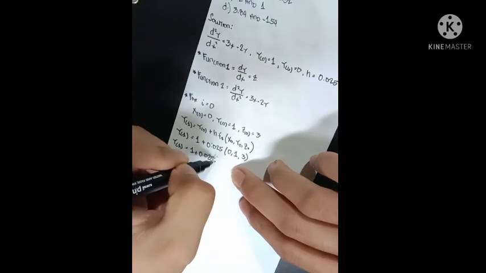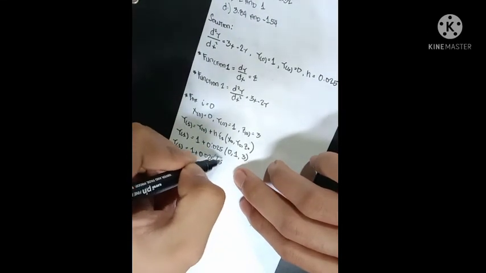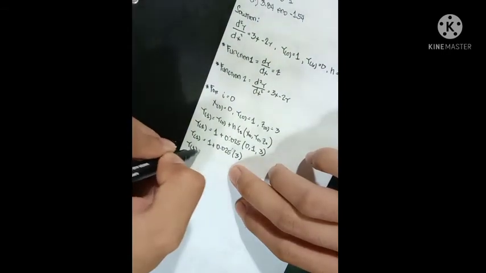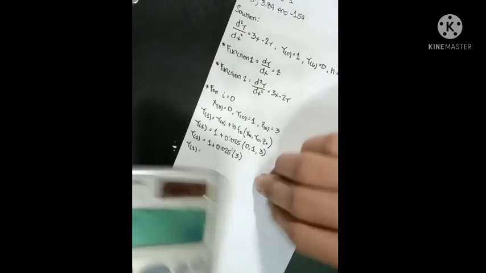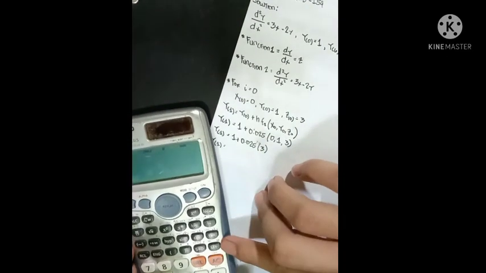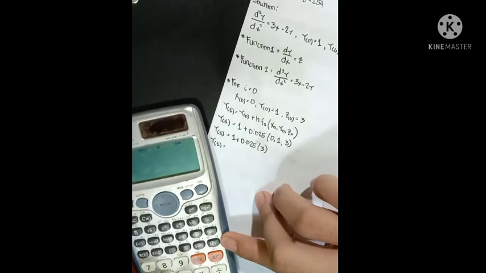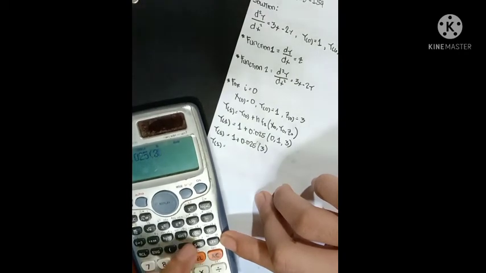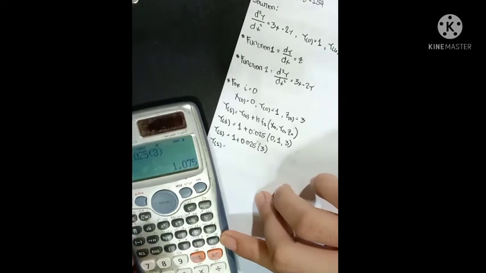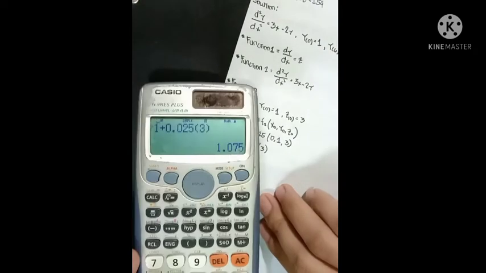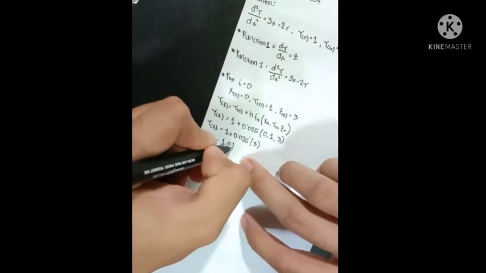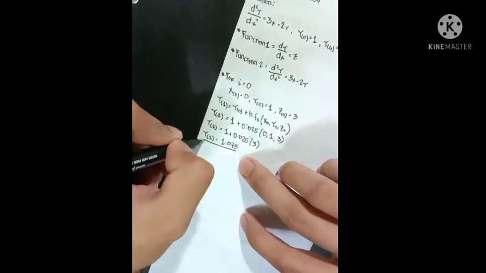So y1 is 1 plus 0.025 times 3, and we have the value of 1.075.